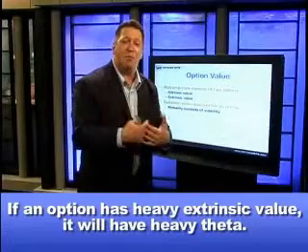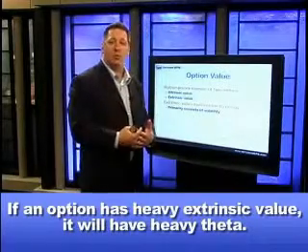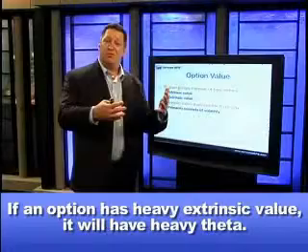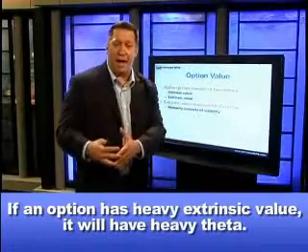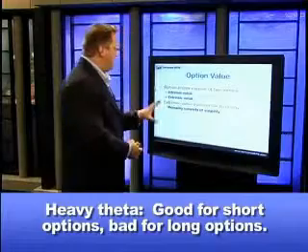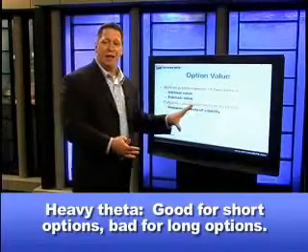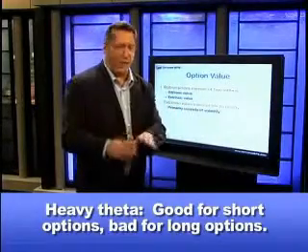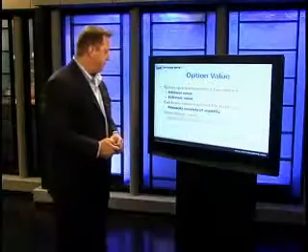It's going to decay more rapidly than another option would. That's really good for us if we're short the option, but it could be bad for us when we own it. We need to know what theta is and where theta is the biggest.